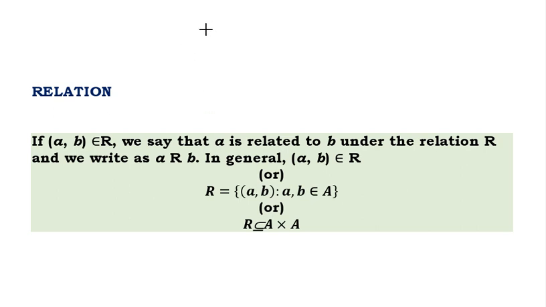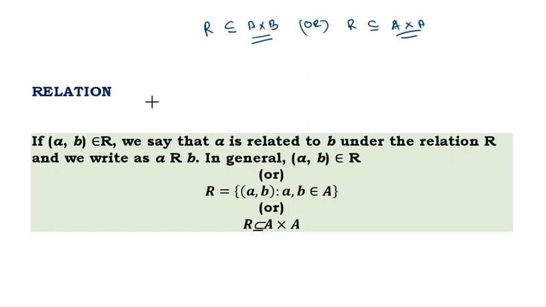Any relation is a subset of the Cartesian product between two different non-empty sets, or a subset of the Cartesian product of a single non-empty set. Of all the relations, A cross B or A cross A is the largest relation. The least relation is the empty relation. Generally, the empty relation and the largest relation are considered trivial relations.